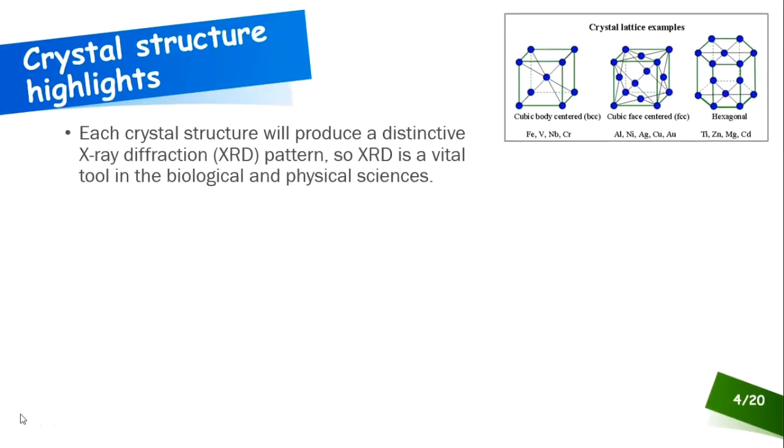Now, on this idea of crystal structure, we produce distinctive X-ray patterns, and we use this diffraction pattern called X-ray diffraction, XRD. And this is actually a tool that's still in use today for many of the biological and physical sciences. So essentially what we do is we bombard the surface of the material with X-rays, and typically the specimen is going to be in a powdered form.